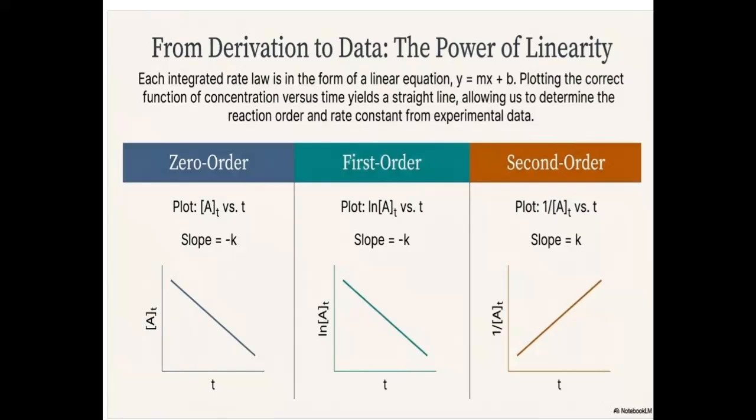If you have an equation of a straight line, it will be the slope, because it's a change. So the graph gives you the order as long as you can pick which one gives you the straight line, and the slope is going to give you the value of K.